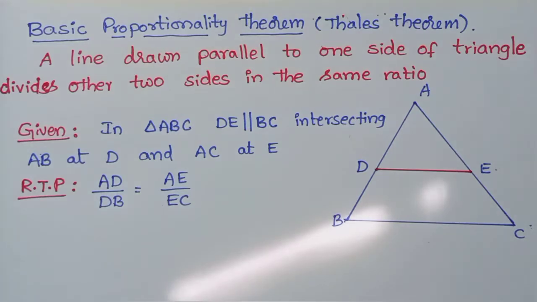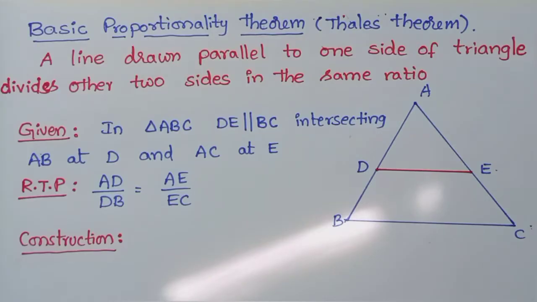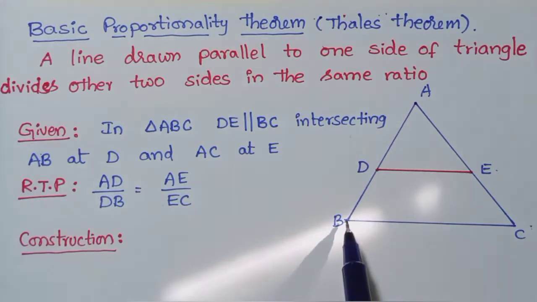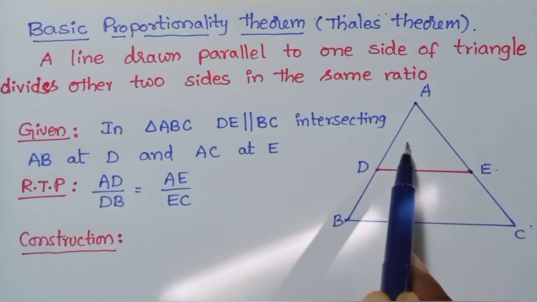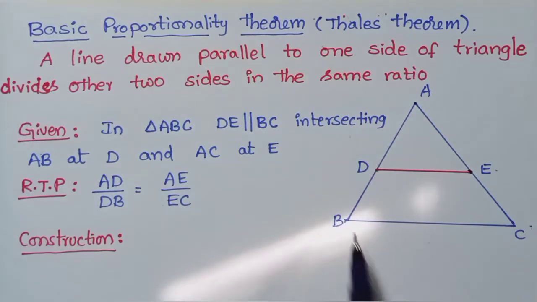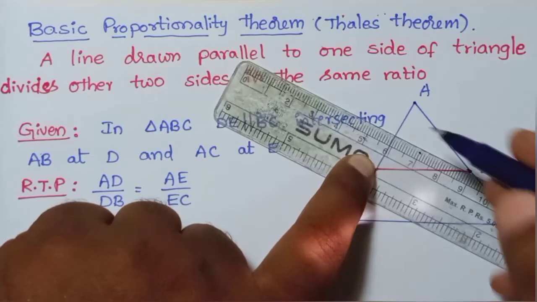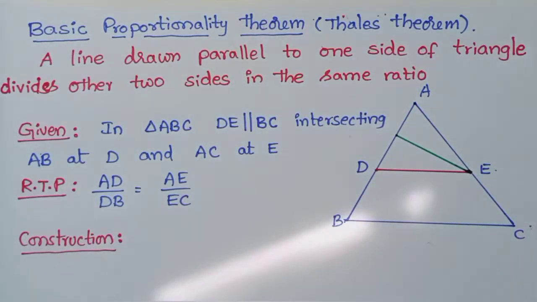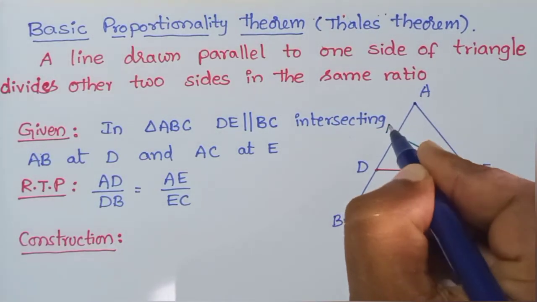To proceed further, we need to do a construction in this theorem. That is, we need to draw a perpendicular to AB side through E. Through the point E, we have to draw a perpendicular to AB. This is the perpendicular through E to the line segment AB. Let us mark F as this point.